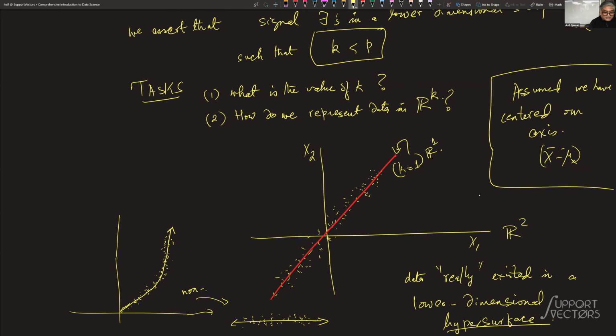This is a non-linear transformation, whereas this, a movement to the red, or just rotating and having your axis along the red line, would be a linear transformation of the data, right?